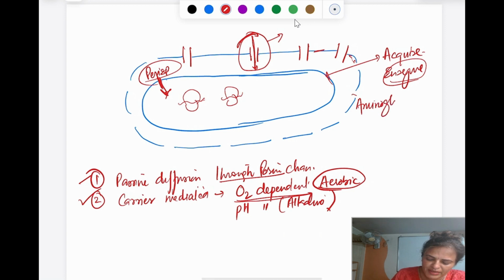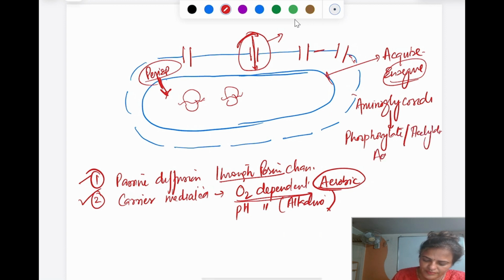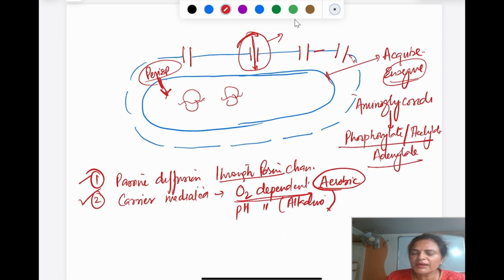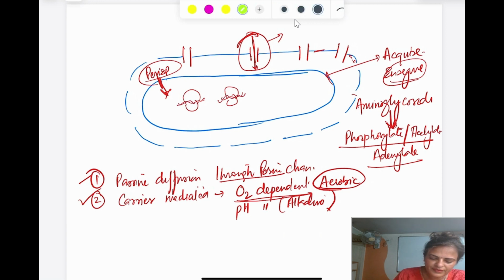This aminoglycoside gets phosphorylated, acetylated or adenylated. Now once these enzymes bind with the aminoglycoside, then what will happen? After binding with this, it won't be able to bind here. It will not bind with the ribosomes. So this is the most important way the aminoglycoside develops resistance.